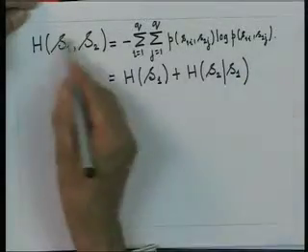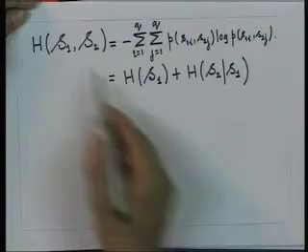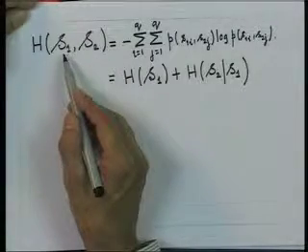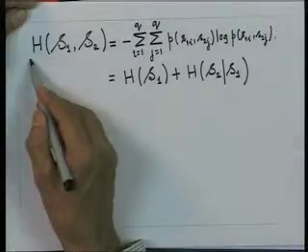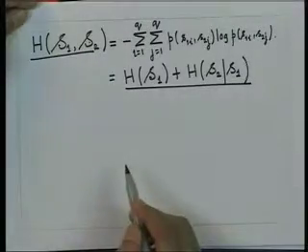This relationship we have just seen. Instead of S1 and S2, we had seen in terms of X and Y. So, it is not very difficult to derive this relationship.